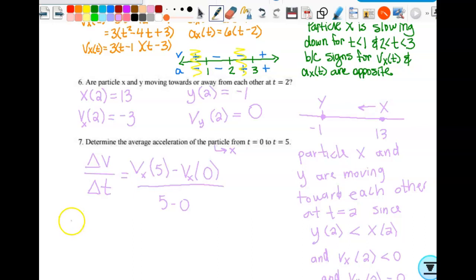All right, so the velocity of particle x is 3t squared minus 12t plus 9. So we've got some arithmetic to do here, guys. So velocity of particle x at time 5. I'm going to let you all do that arithmetic.